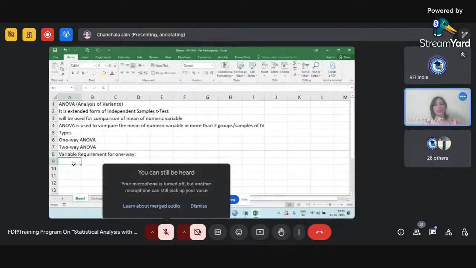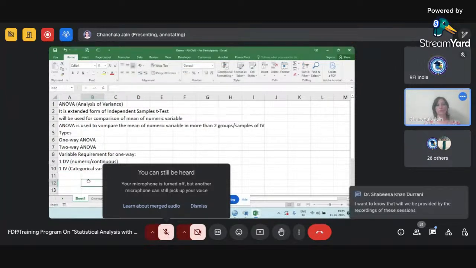Here we need to have one DV, that is a numeric or continuous variable, and we need to have one IV, which is a categorical variable with more than two groups. Clear?